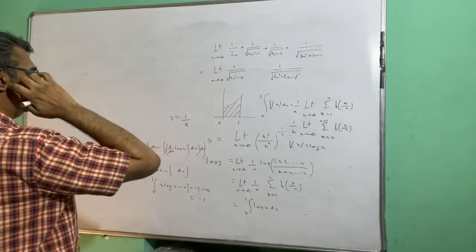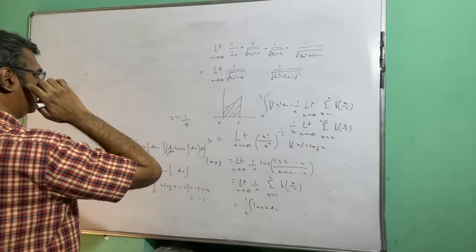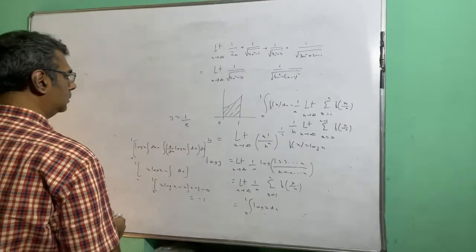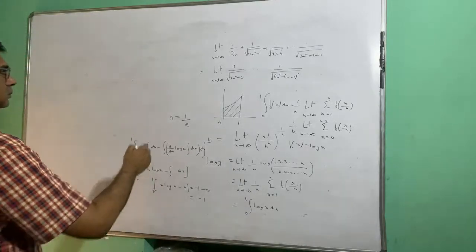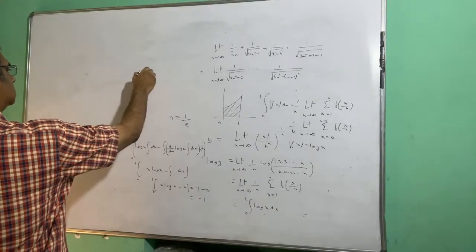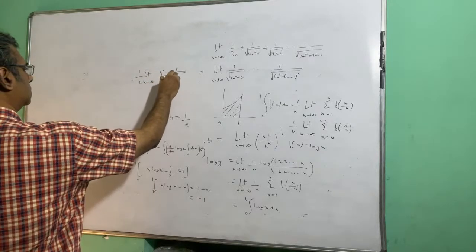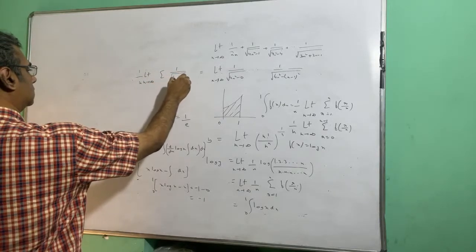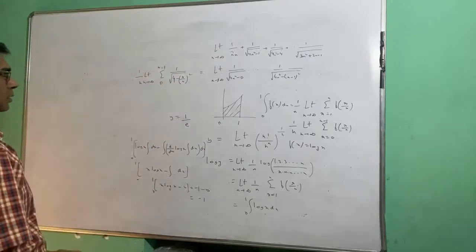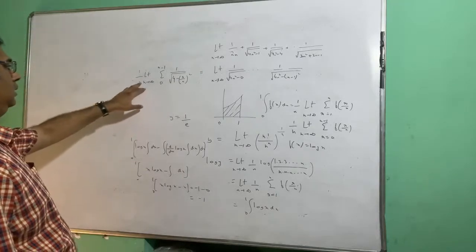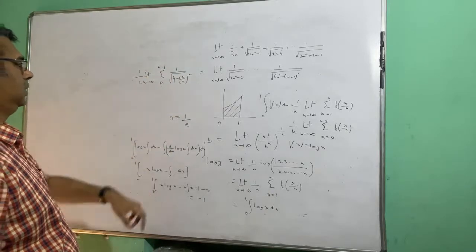So this is coming 1 by n, limit n tends to infinity, 0 to n minus 1, 1 by root over 4 minus r by n whole square.